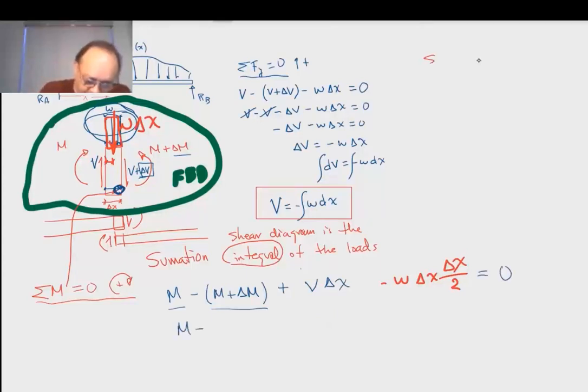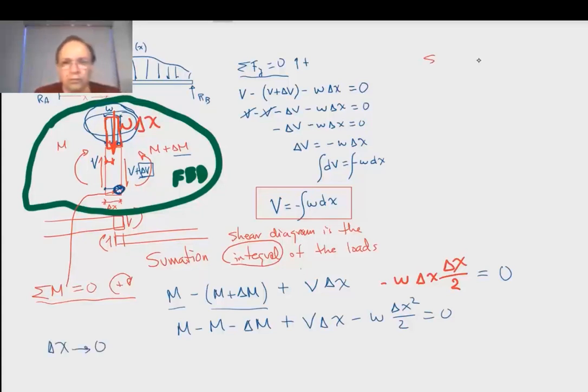So I have M minus delta M plus V delta X minus W delta X squared over 2 equals 0. The term delta X squared, when delta X tends to 0, disappears because it's a term of the second order. So M goes with M, and I have minus delta M plus V delta X equals 0.